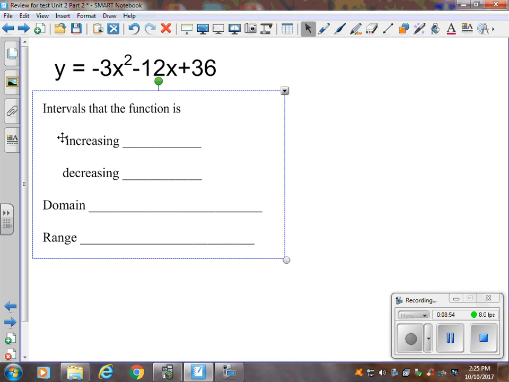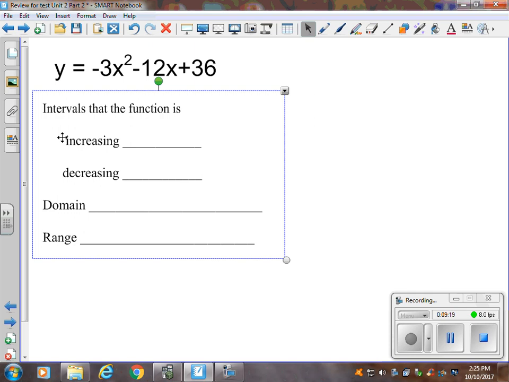Factored format's better for giving me zeros of the function. Nothing's better for this, except unless you know where the axis of symmetry is in the vertex. So in that case, it wouldn't really matter which format I give you. I mean, it's a little easier with vertex format, but it doesn't matter if it's standard or factored form. This right here, you've got to know the vertex and axis of symmetry to get it.